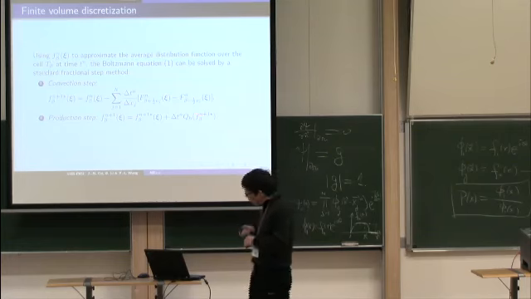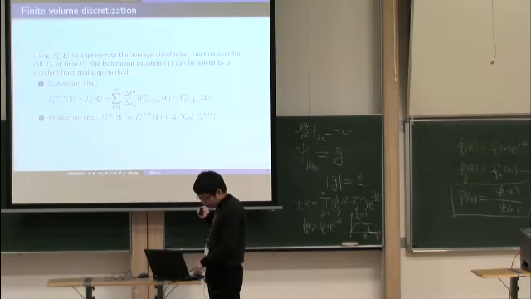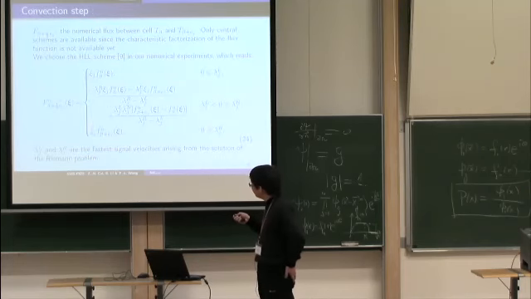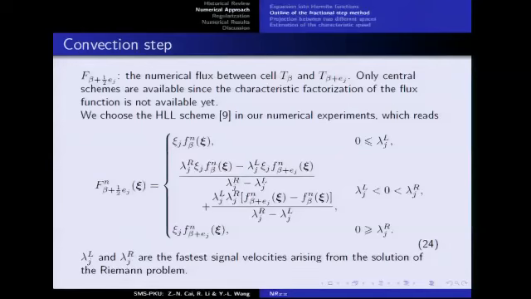In the convective step we need the so-called numerical flux, and this numerical flux is chosen to be the HLL scheme.